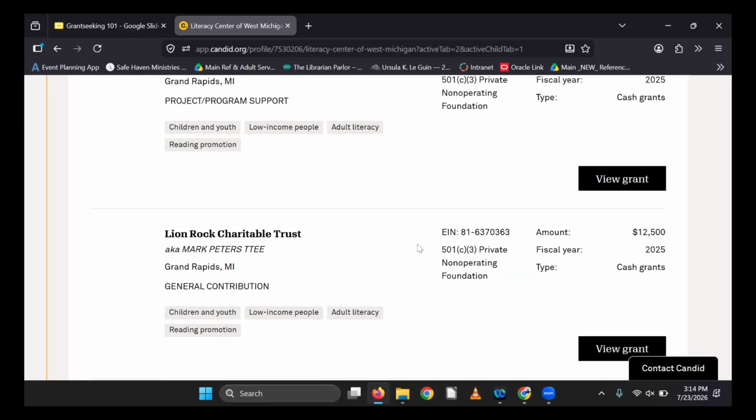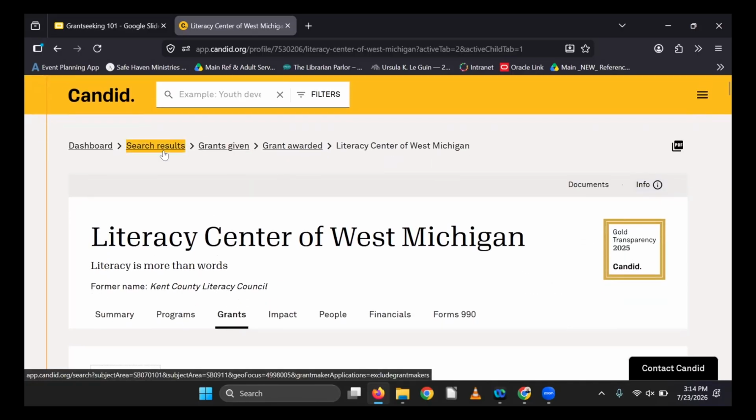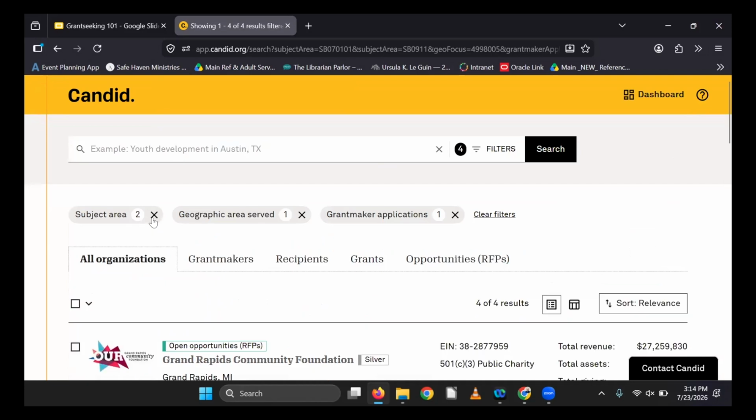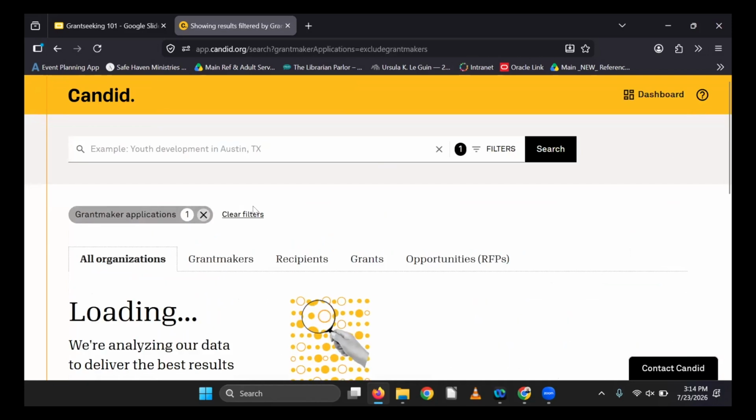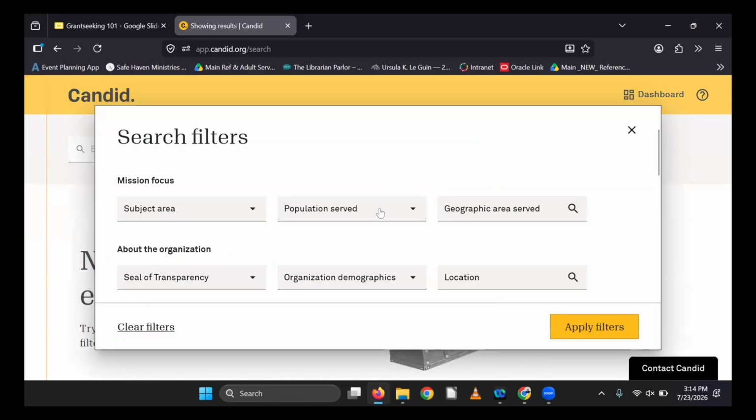So the first thing that I would think about when doing this kind of search, let's X this out real quick, is thinking of specific populations.